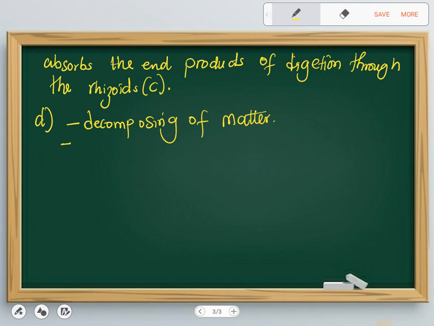Well, some of them are used in baking and brewing. For example, the one you call yeast. Yeast is a fungus.